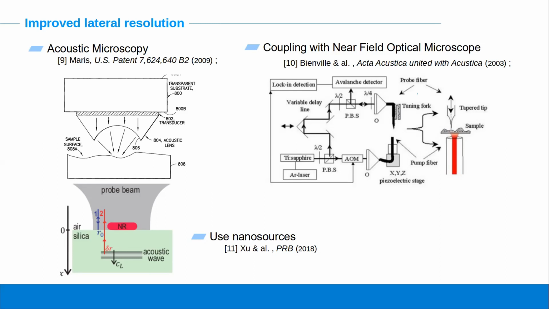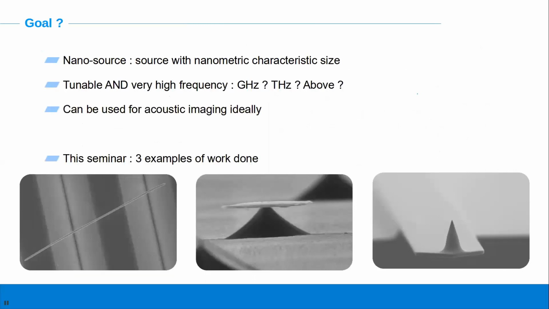And a third approach is to use nano-sources, such as nanoparticles, so sources and receptors with much smaller characteristic dimensions. During my PhD, that was the goal: to find and investigate nano-sources, so acoustic sources with nanometric characteristic size, but that can still generate very high frequency, in gigahertz or even above, and that can be easily tuned.